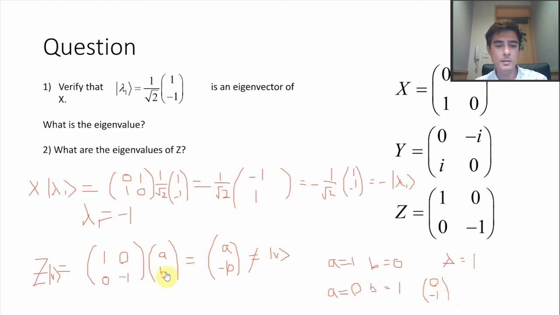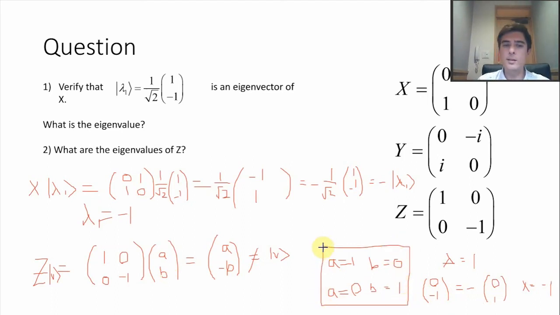So that value of b has flipped, but because the other entry is 0, I can just write this as minus of (0, 1). And in this case, if I take the eigenvalue to be minus 1, then it is an eigenvector. So these two cases, a equals 1, b equals 0, and a equals 0, b equals 1, are the eigenvectors of Z.